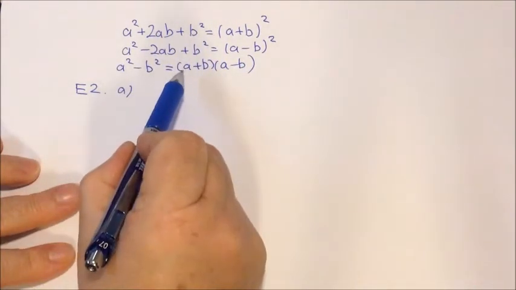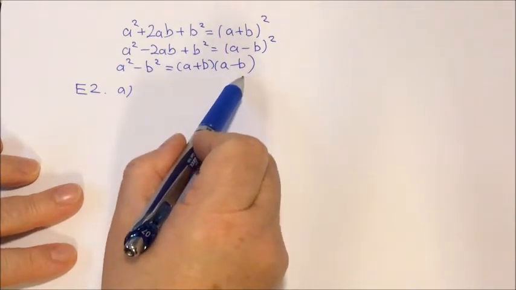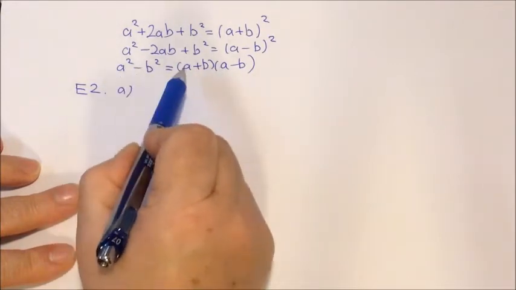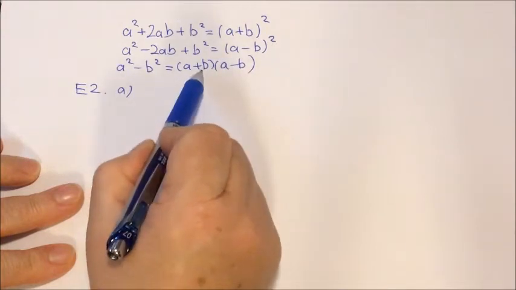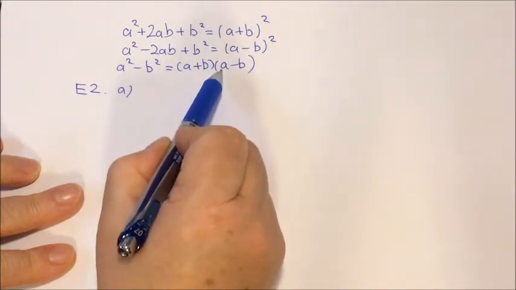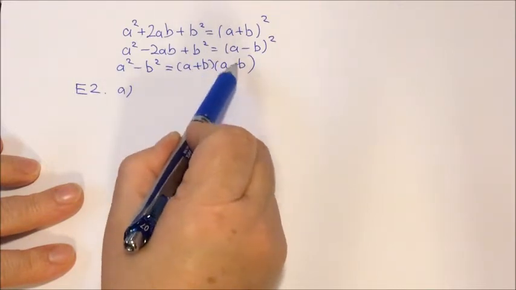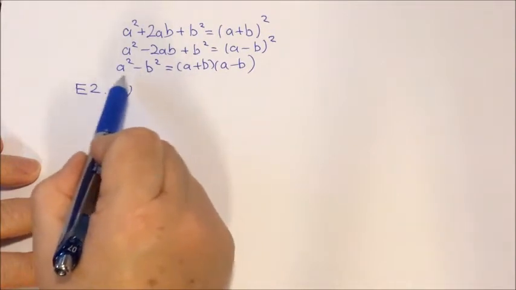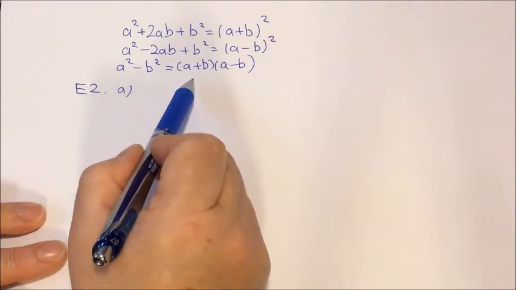And also (a plus b) times (a minus b): a times a is a squared, a times minus b gives minus ab, then plus ba, which two terms cancel each other, and then finally you just get a squared minus b squared. This type of polynomial we can always write as a product like here.